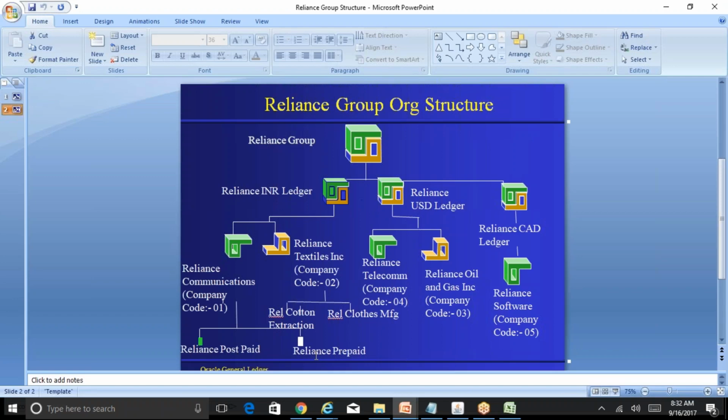But again, my question is, why are we saying this, because ideally speaking, 1, 2, 3, 4 are under INR ledger only, and also 1, 2, 3, 4 are legal entities. From an INR ledger perspective, 01 and 02 are the only legal entities. 03 and 04 are not legal entities from an INR ledger perspective, because 03 and 04 are the legal entities under a different ledger.